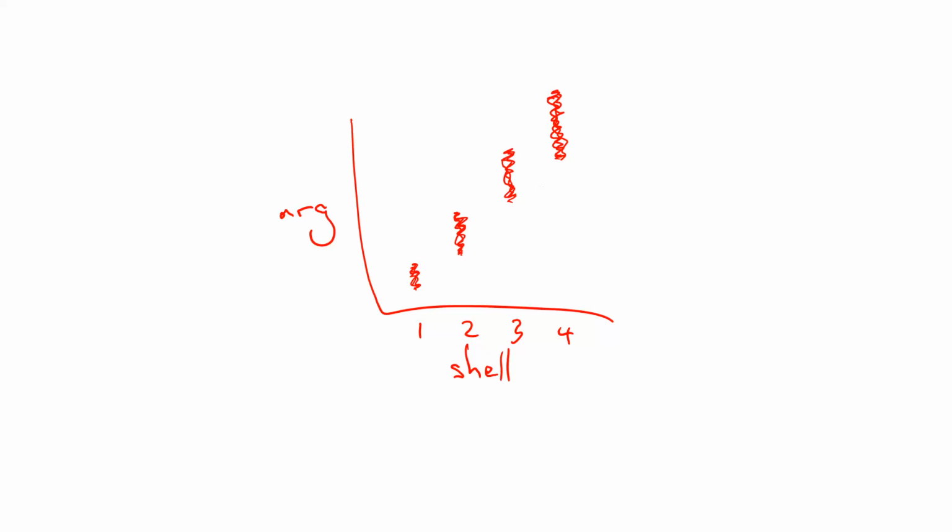The third shell occupies even more energy, and the fourth shell even more energy. But what we can note is that there's actually a bit of overlap between the third and the fourth shell. So this explains why the 19th and 20th electrons go into the fourth shell. It's due to that overlap that we have in terms of energy levels.